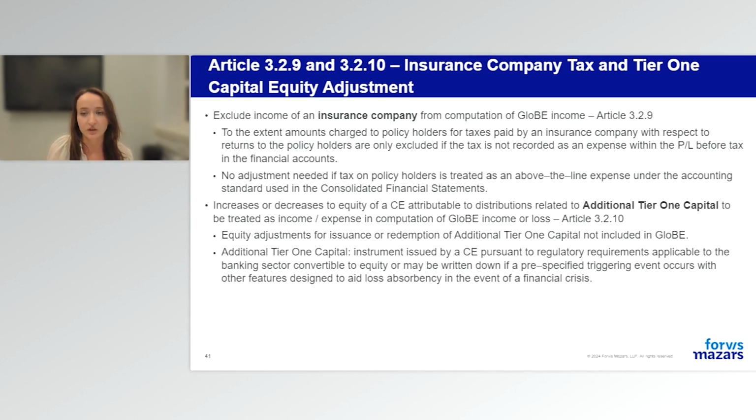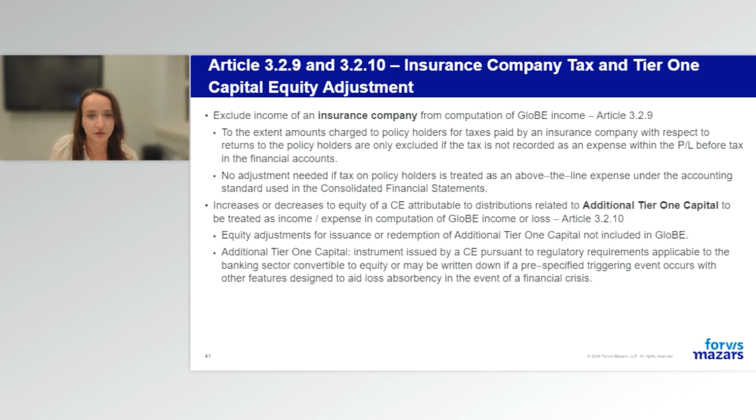And based on the accounting standards, the tax may be recorded as an expense within the profit or loss before tax in the financial statements. And this election only applies if the tax is not treated as an above-the-line expense in the financial statements. So then an adjustment can be made.